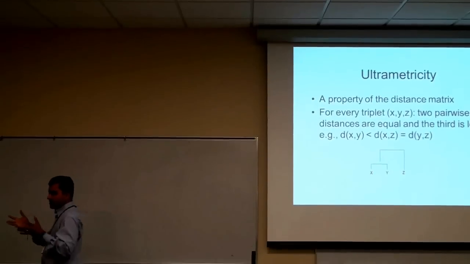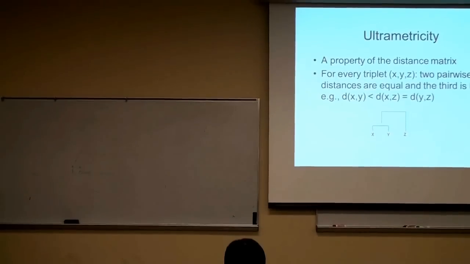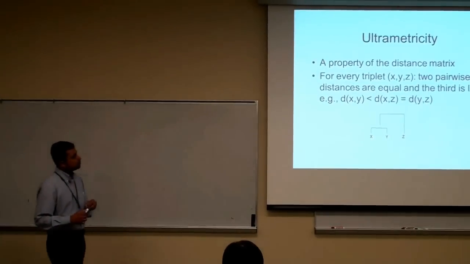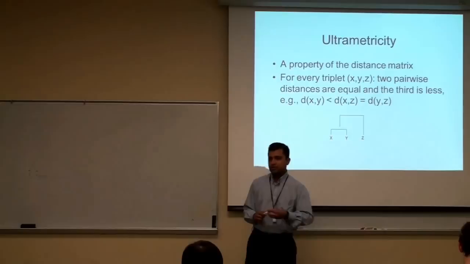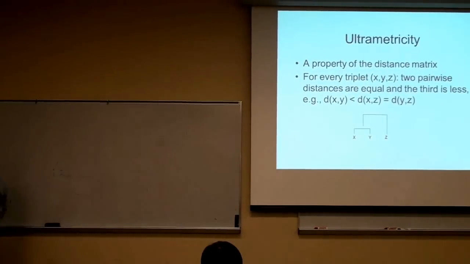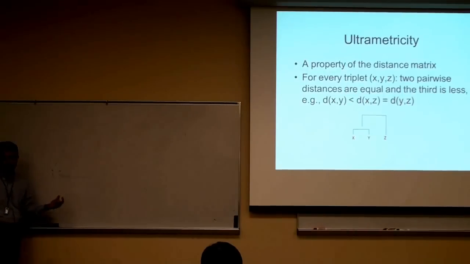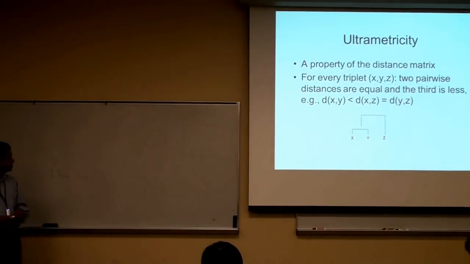A given matrix of pairwise distances would have this property if for every triplet XYZ, two of the pairwise distances are equal and the third is less. So in this case, there will be three pairwise distances, right? Human chimp, human chicken, and chimp chicken.